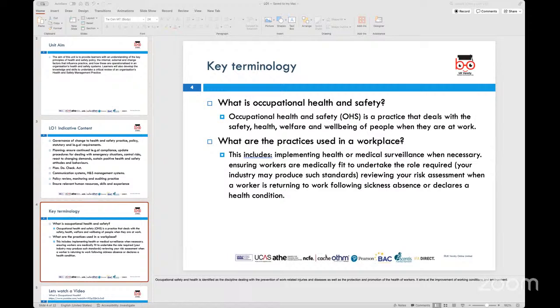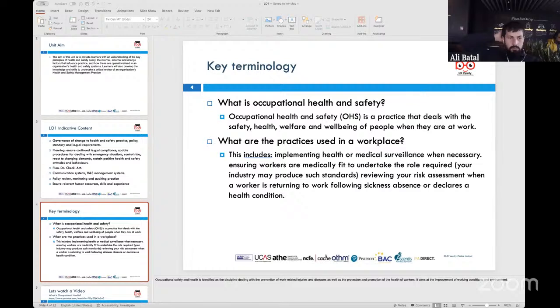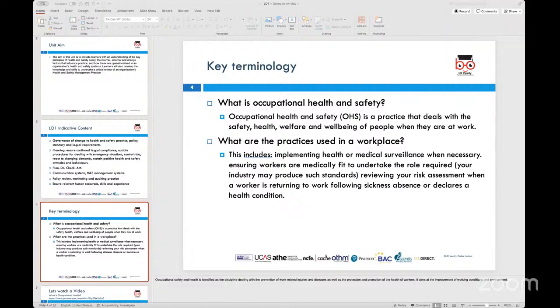Now, when I say it's a legal responsibility for companies, it also means that both the prevention and treatment of any sort of illness, if it happens because of shortcomings at the workplace, will all be covered under the employer's responsibility.